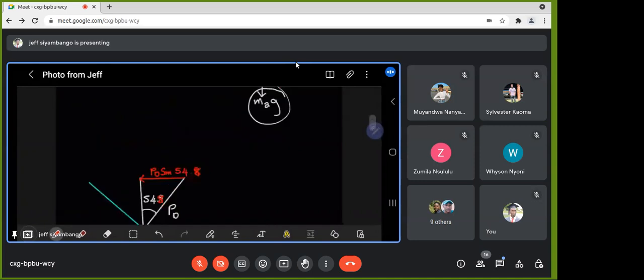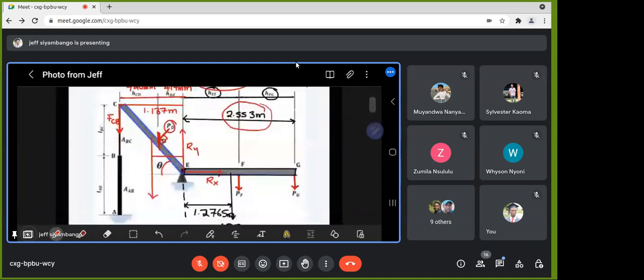So let's go to the original diagram. What will be the distance for that force?